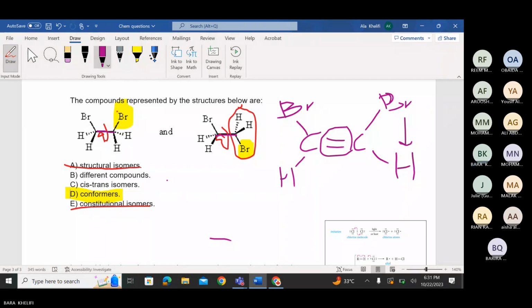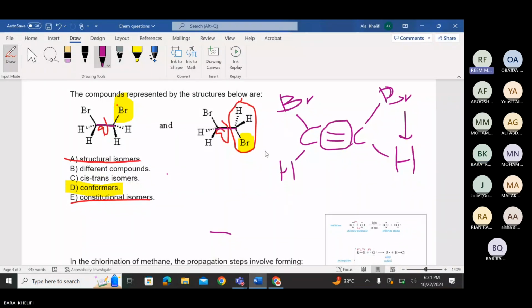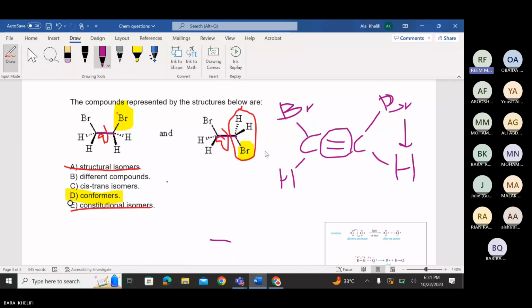And the rest, you guys understood this part? So on sawhorse, we just have conformers.